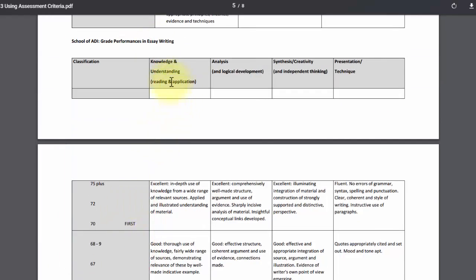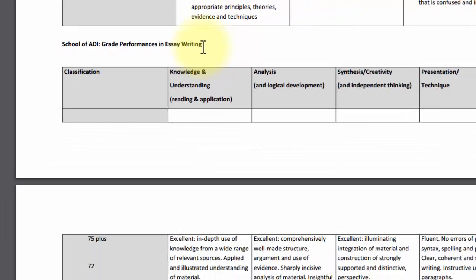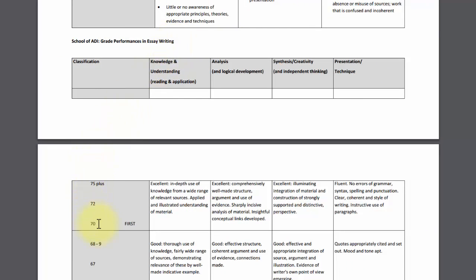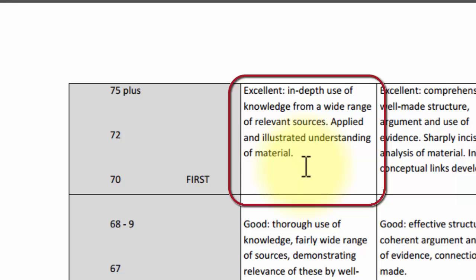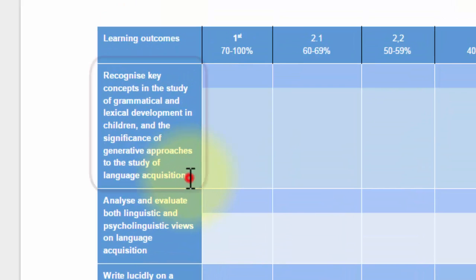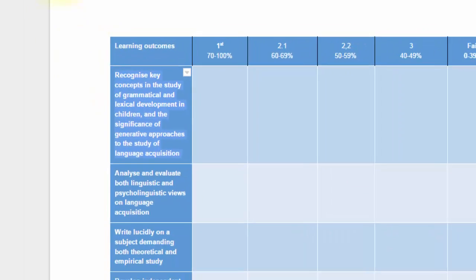Now this example is also specific for a written essay, and we're dealing with a written assignment as well, so this is quite handy. Now here, in this example, we can see that in order to get 70% or more for subject knowledge, the student's work would need to be excellent, with in-depth use of knowledge from a wide range of relevant sources, together with applied and illustrated understanding of material. Now this might broadly be seen to fit the first learning outcome. So let's put it in there for the time being.